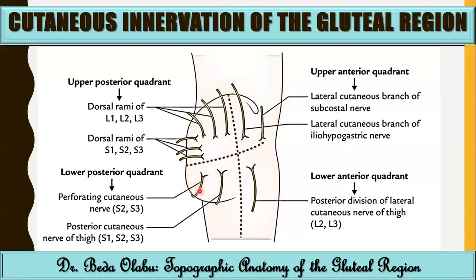Much lower down, posteriorly, we have branches that arise from the posterior cutaneous nerve of the thigh. So they may give us some branches there, usually supplying a bigger chunk. On this lower side, then we can have the lateral cutaneous nerve of the thigh also giving us a branch. An atlas will help in that.